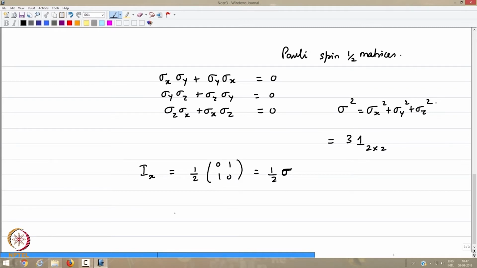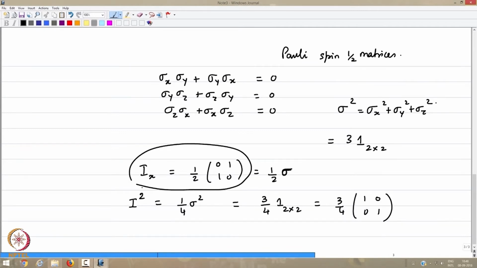Therefore, I square is 1 by 4 sigma square, which is 3 by 4 into the identity matrix 2 by 2, namely 1 0 0 1. This is the Pauli representation of the spin a half angular momentum in terms of matrices. The relation between the two is given by this numerical factor 1/2. I think that is important to remember.